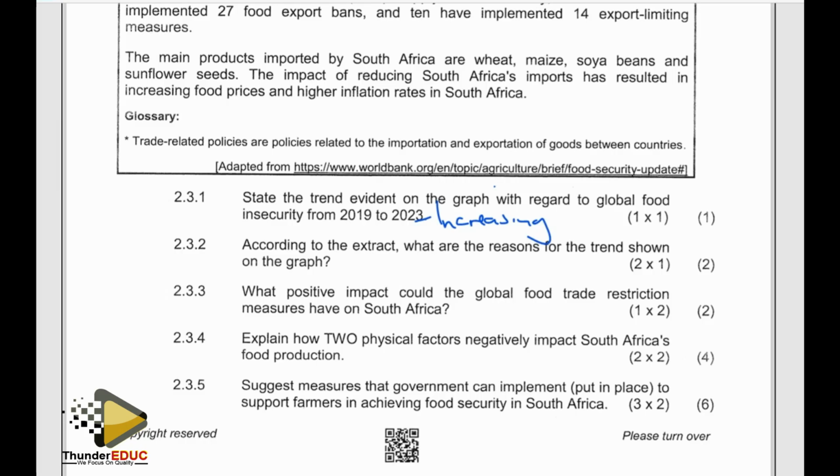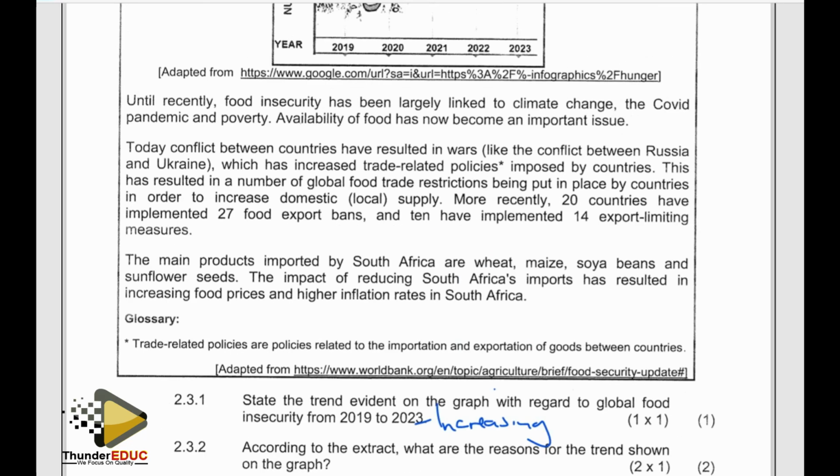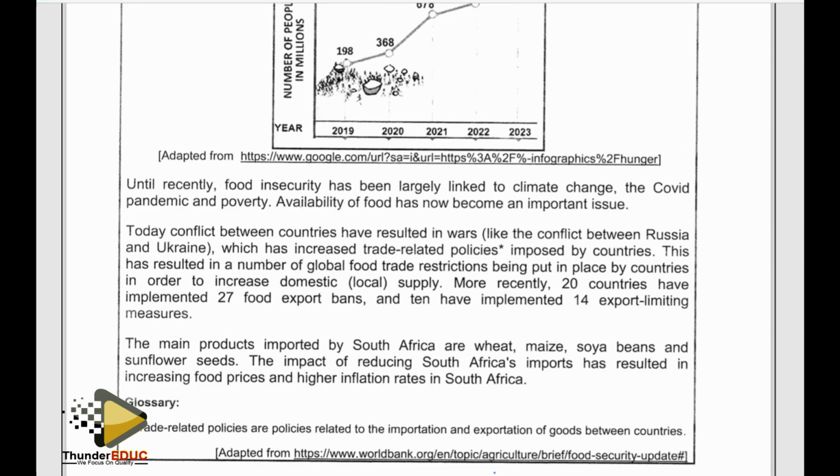Then according to the extract, what are the reasons for the trend shown on the graph? The extract gives us the reasons here, right? Largely linked to climate change. It's one factor.